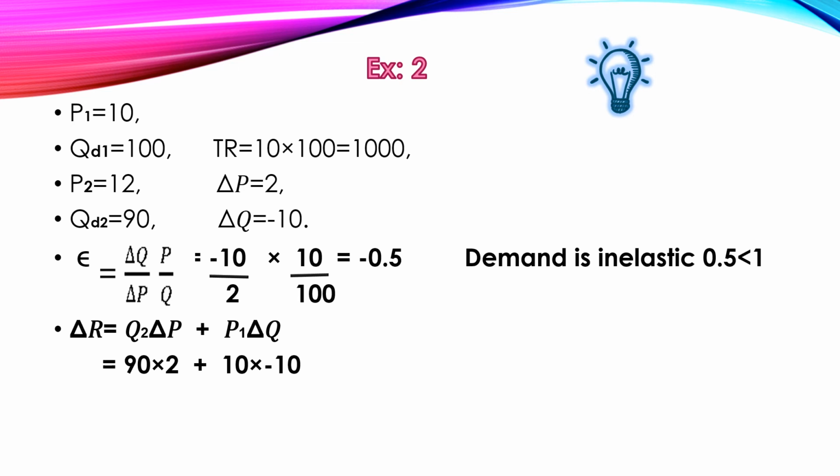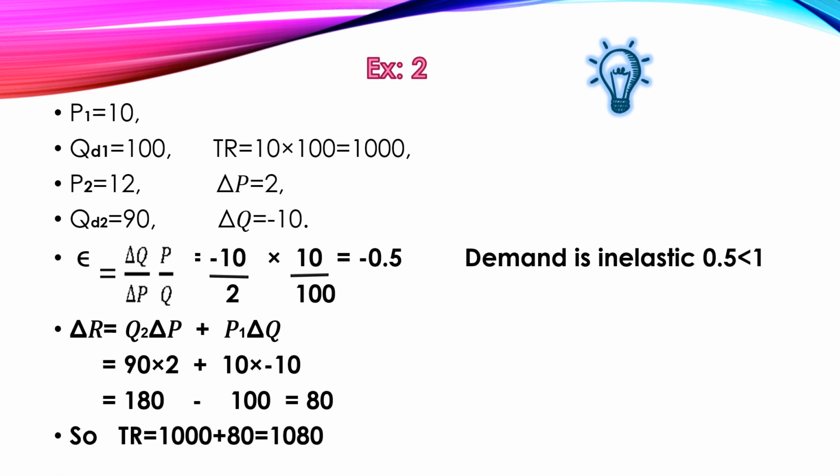So change in revenue equals 90 multiplied by 2 plus 10 multiplied by negative 10, equals 180 minus 100 equals 80. So total revenue equals 1000 plus 80 equals 1080.